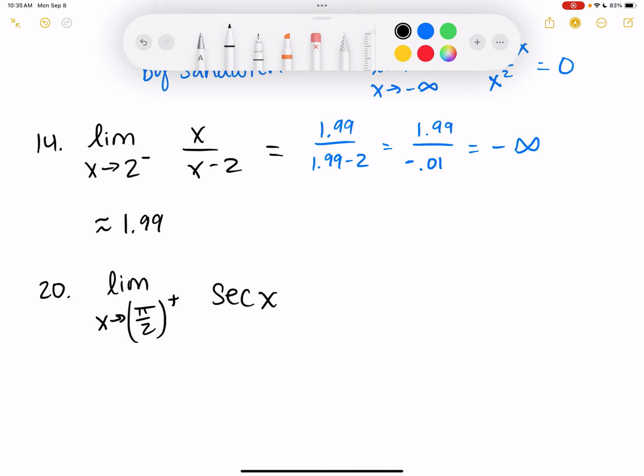So we're looking at from the right. So I would say something like the secant of... I'm trying to think of a value that we would know that would be easy to use. So is that pi over 4, pi over 6, pi over 4, pi over 3.